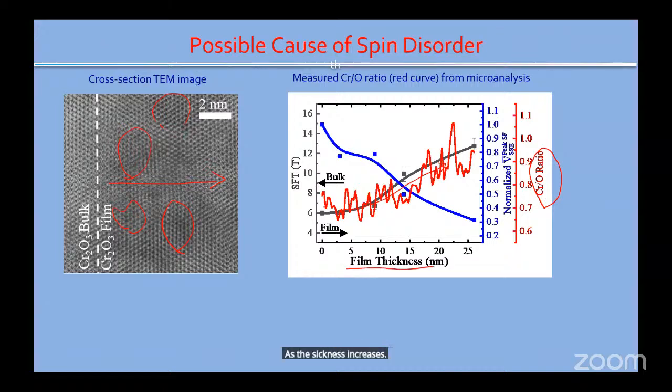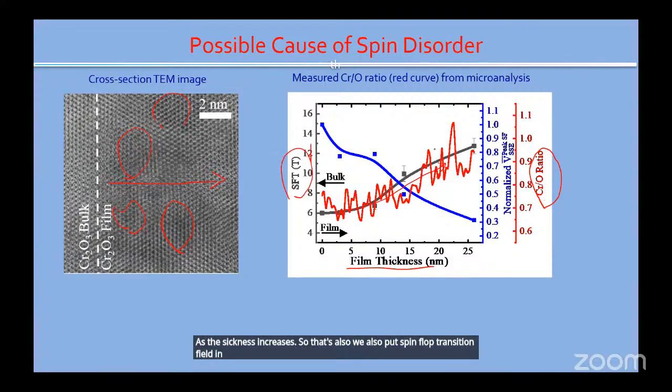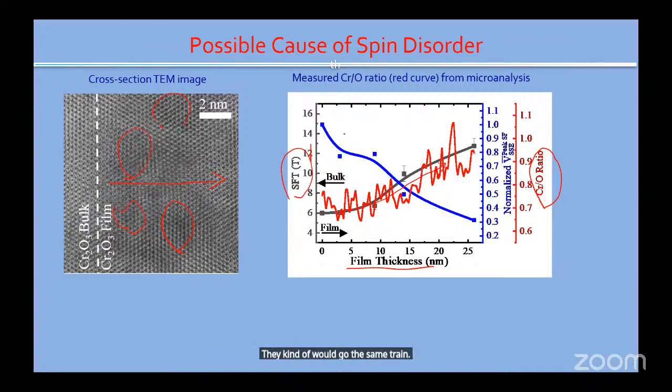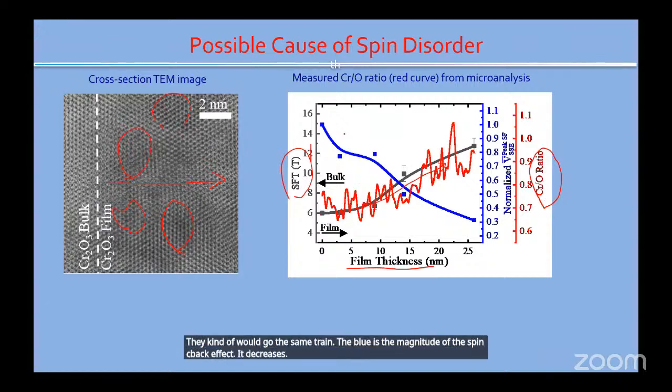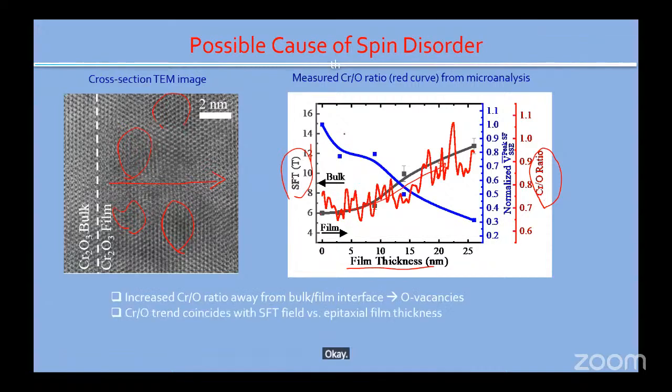We also put the spin flop transition field in dots as a background. They go in the same trend. The blue is the magnitude of the spin feedback effect. It decreases. So we observed that oxygen vacancies developed as we grow thicker and thicker.